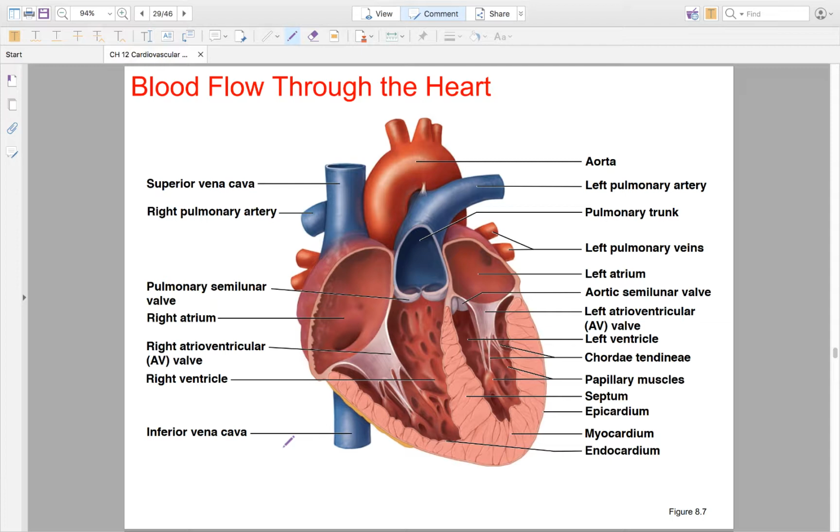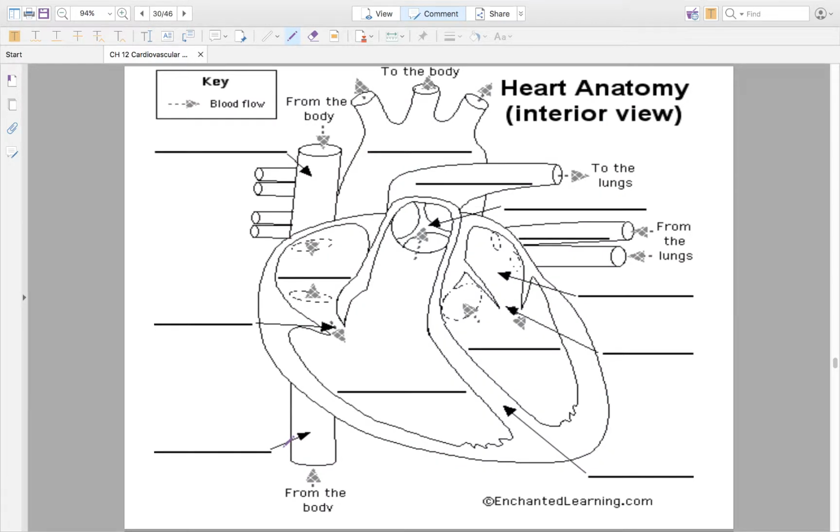Now, a good way to learn the heart is to take a blank piece of paper. Actually, I'm sorry, not blank piece of paper. This is an activity that I have posted on Blackboard, and print up this activity and use it to take notes so that you can label all of the parts of the heart.